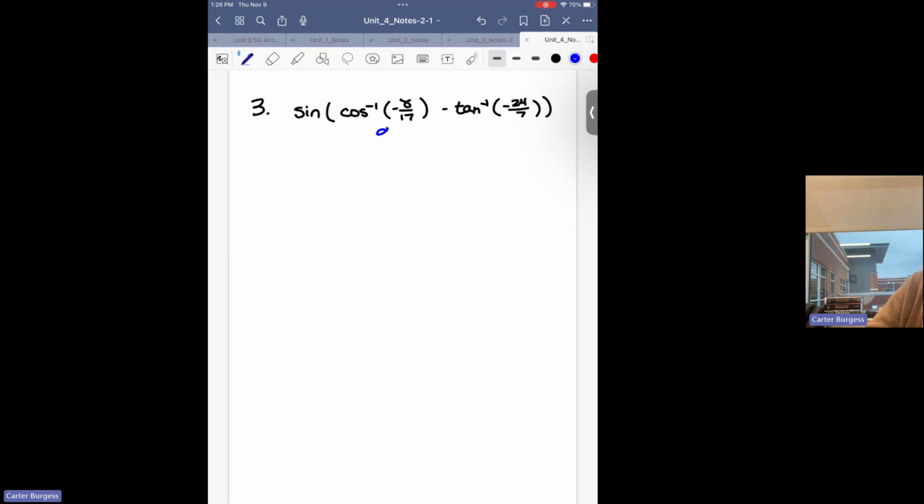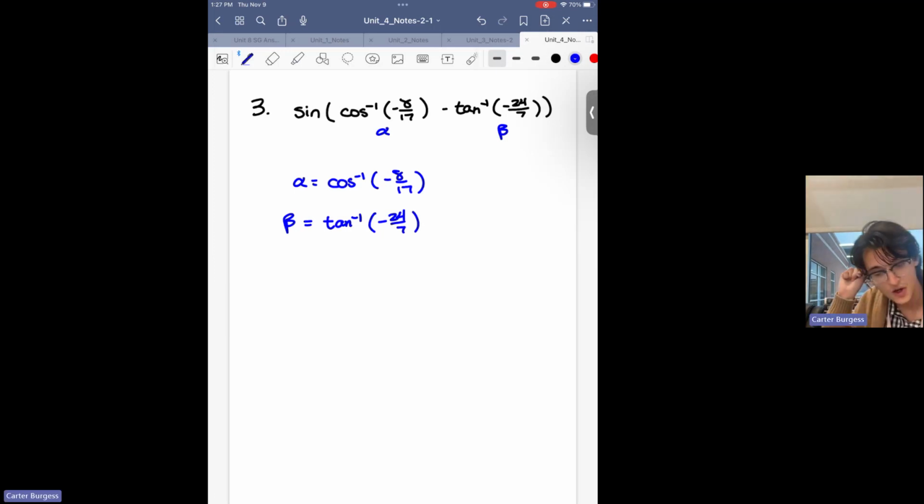All right, this is my alpha, this is my beta. Where does alpha live? Second quadrant. Where does beta live? Fourth quadrant.